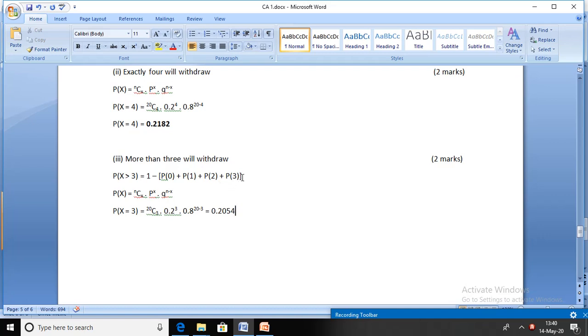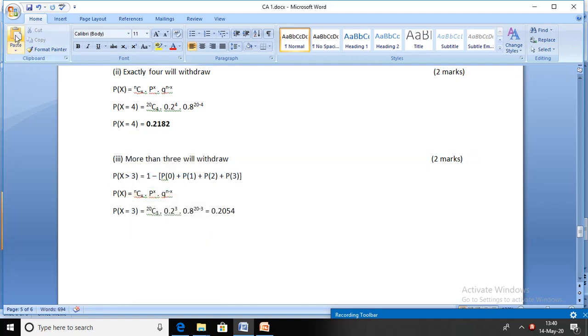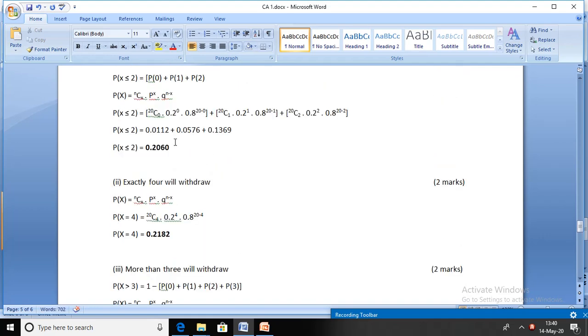So the probability of x being greater than 3 is going to be 1 minus the probability of 0, 1, 2, 3. We have the probability of 0, 1 and 2 combined into this value here.